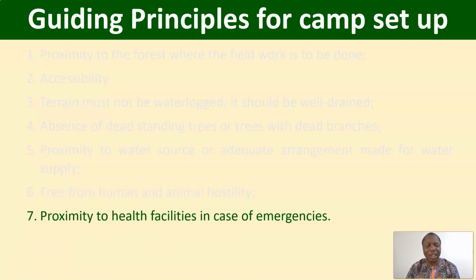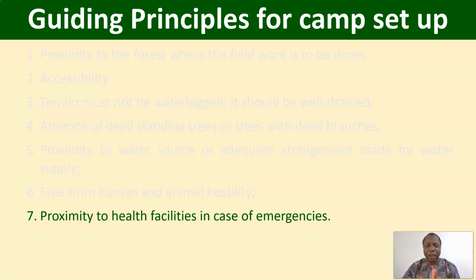The seventh point is proximity to health facilities in case of emergencies. The location of your camp should be close to where health facilities are. It may not be a state hospital, general hospital, or tertiary hospital. It may even be a primary health caregiver.